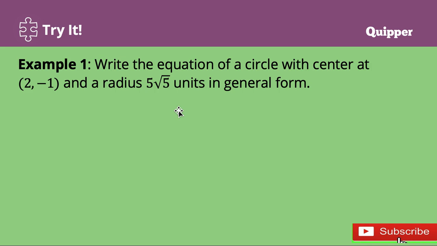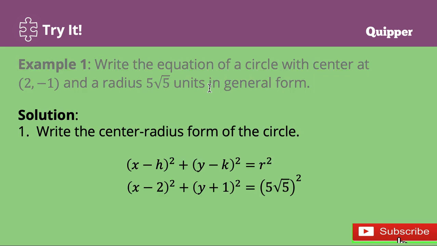Now let's try some examples on how to find the general form of an equation of a circle. Number 1. Write the equation of a circle with center at 2, negative 1 and a radius of 5 square root of 5 units in general form. So first, we are going to write the center radius form of the circle.